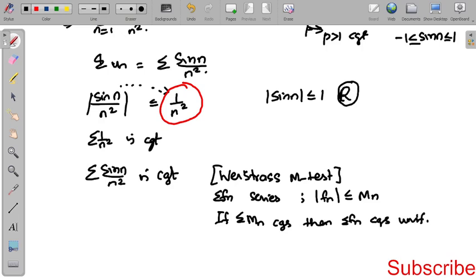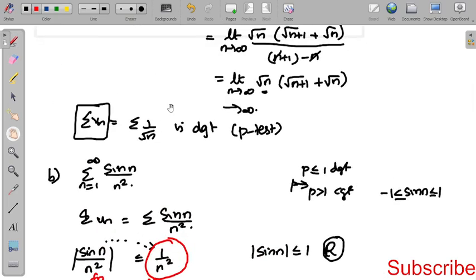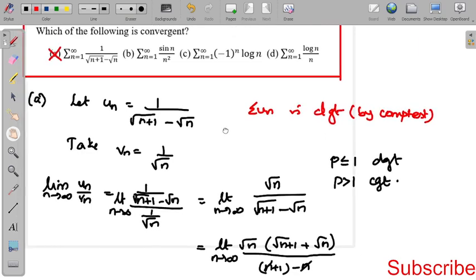According to the Weierstrass M test, here this is fn and this is Mn, modulus fn less than or equal to Mn, and we just found that Mn is convergent. So summation fn is also convergent. So option B is right. Option B is the right answer.